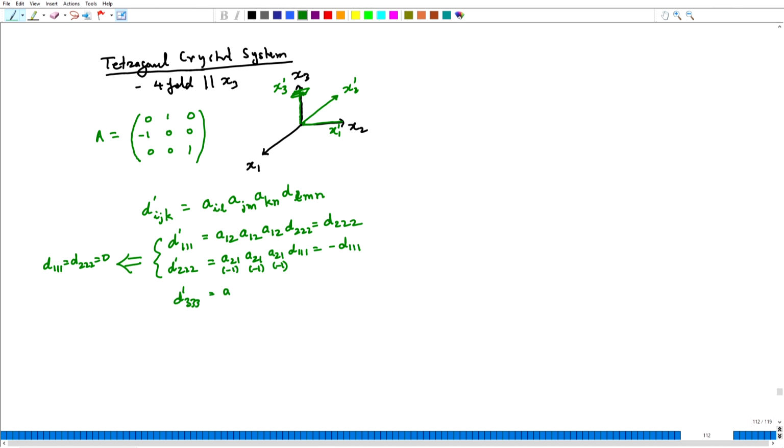Now, this is not a31, sorry, this is a33, a33, a33, d333, which is equal to d333. So, this will be non-zero. So, this term will survive.